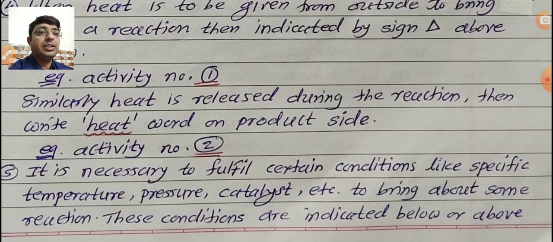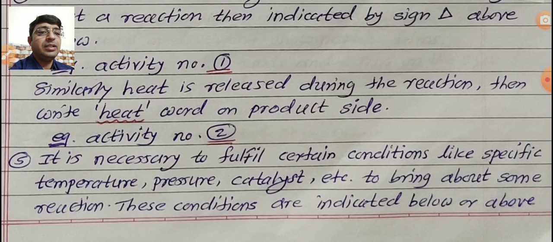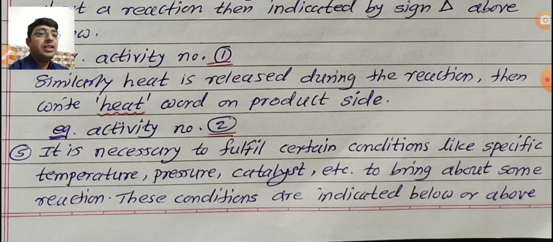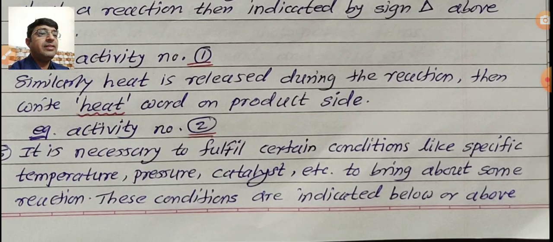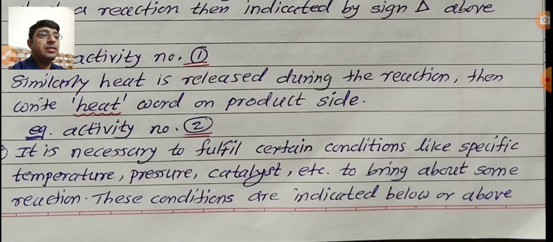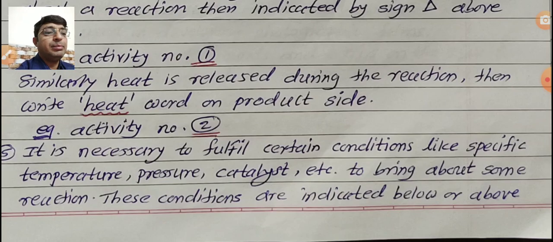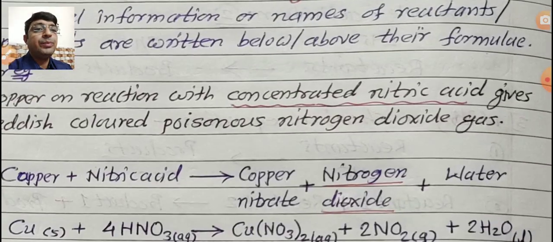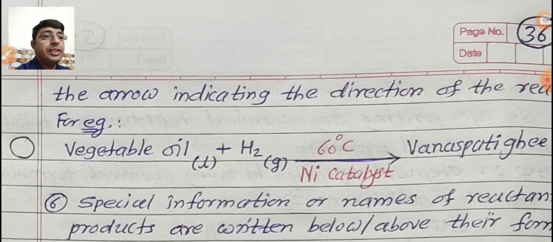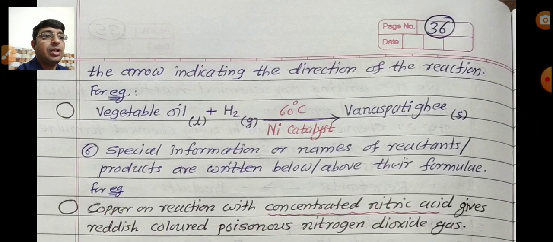You check the activity number 2, that chemical equation. And fifth point, it is necessary to fulfill certain conditions like a specific temperature, pressure, catalyst, etc. to bring about some reactions. These conditions are indicated below or above the arrow.